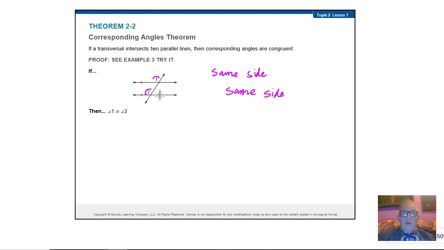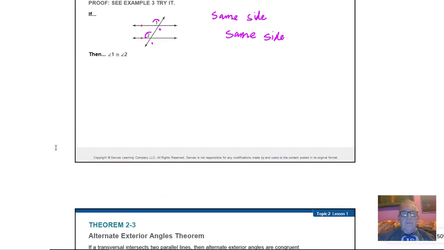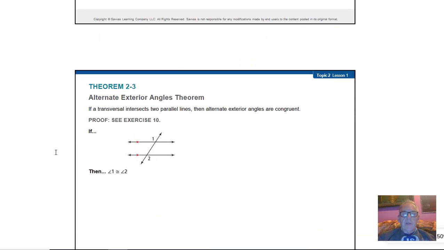So 1 and 2 would be congruent. The vertical angles to 1 and 2 would also be congruent to each other. And those would give us, in this set of 8 angles that are formed, the pairs of congruent angles. Let's move on. That also needs to be added to the list.